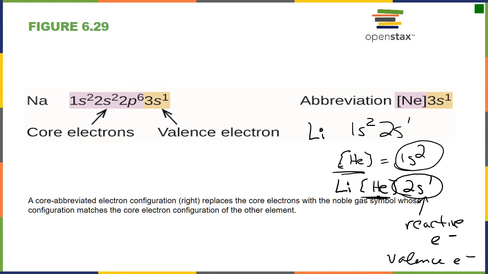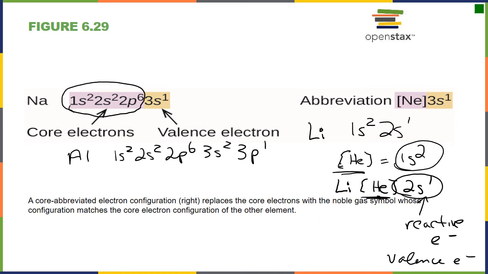So if instead of having lithium, we had aluminum, and we know that aluminum is 1s2, 2s2, 2p6, 3s2, 3p1. You go, okay, how does that help? Well, 1s2, 2s2, 2p6 is 10 electrons, which is neon. Now, we're going to use it to indicate that we have a set of core electrons.